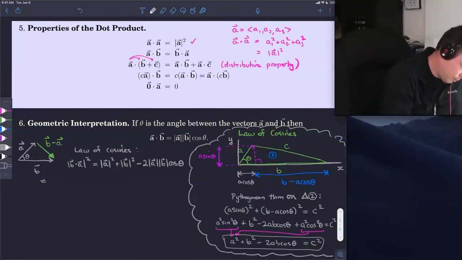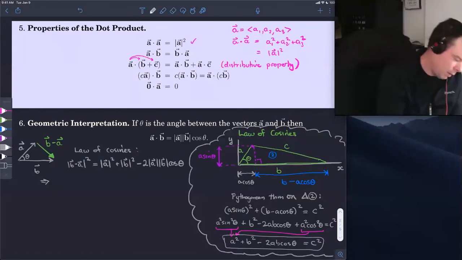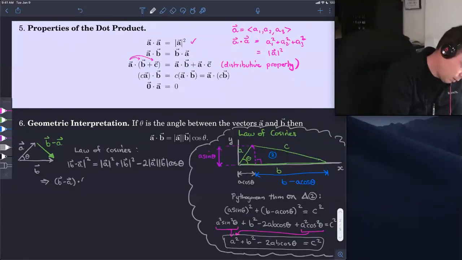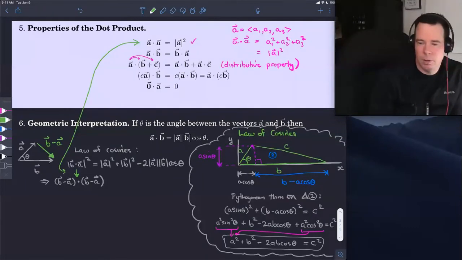So for example, the magnitude of B minus A all squared, well, that's just B minus A dot B minus A. So that's that first one, B minus A dot B minus A. Here is where I've used this expression in my properties to go from there to there. I just used it, instead of for the vector A alone, for the difference, the vector B minus A. So the magnitude of B minus A all squared is just the dot product of B minus A with itself.